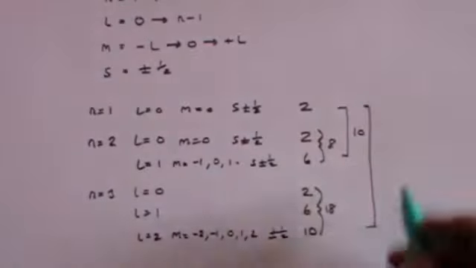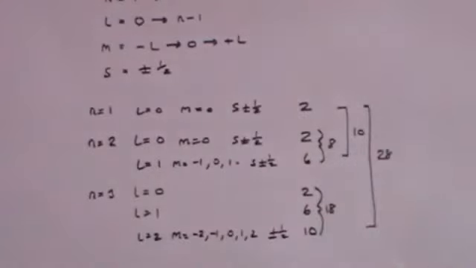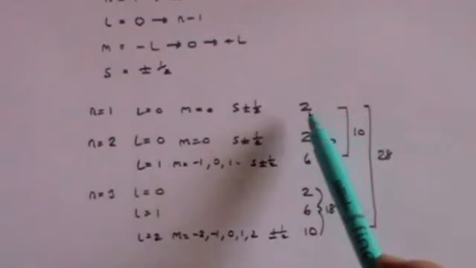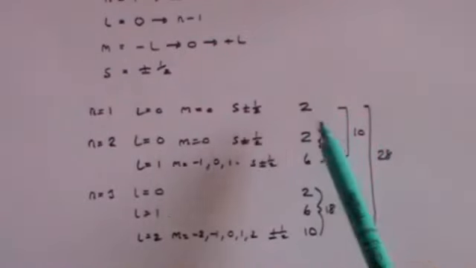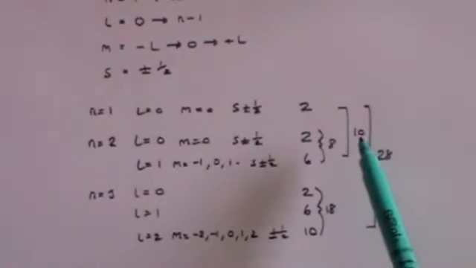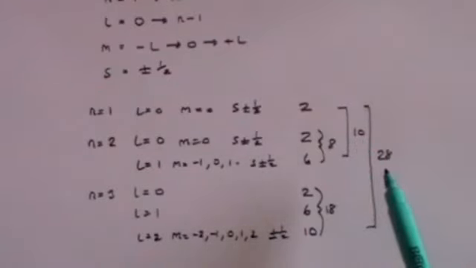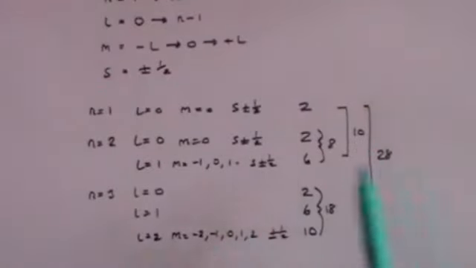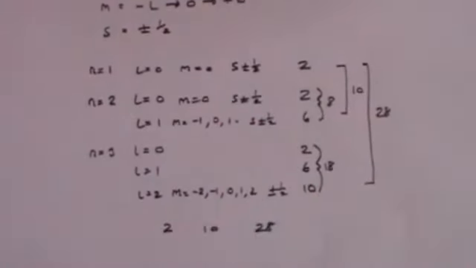18 gives you 28. So you can see that shells are full when there are 2 electrons in the atom, when there are 10 electrons in the atom, and when there are 28 electrons in the atom. 2, 10 and 28 are, as it were, the first 3 magic numbers for electrons.